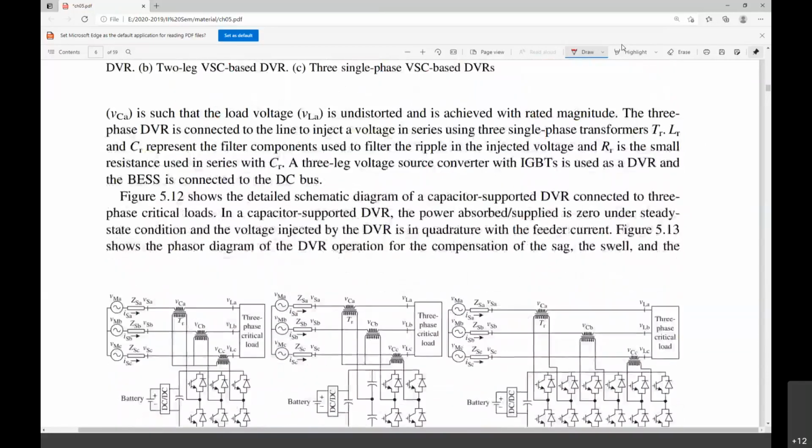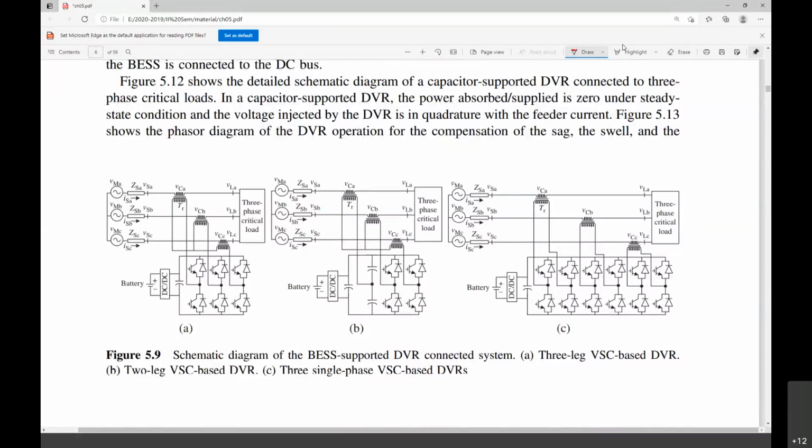Next, this is a battery energy storage system, the BES. I feel this topology is very well used in a practical scenario.